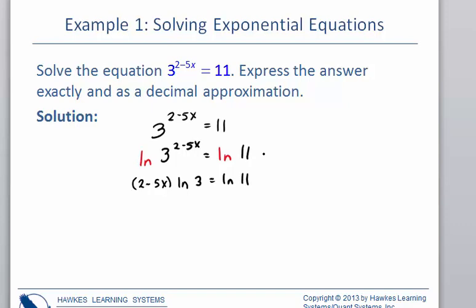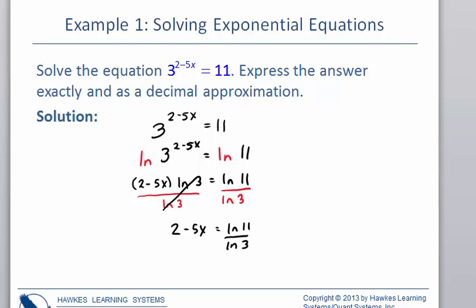Then our goal becomes to solve for x. You want to think about what you need to do to get x by itself. One thing we can do is divide both sides by this natural log of 3. That would cause it to cancel on the left, so that gives me 2 minus 5x is equal to the natural log of 11 divided by the natural log of 3.